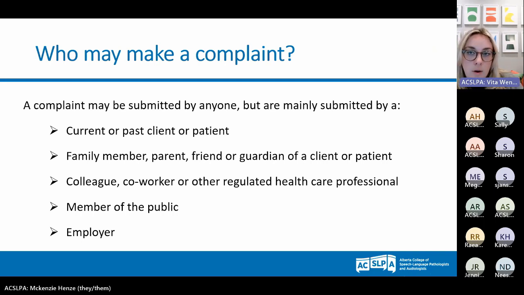It is a large category, but this is all to say that there's no obligation that a complaint only comes from a patient. Often, of course, clients can be underage as well, so it's very likely it could come from their parent or guardian. It's also not that colleagues cannot make a complaint about someone else, and those are some important things to remember if a regulated member receives a complaint, that in the HPA, it doesn't say this person cannot make a complaint about somebody else.